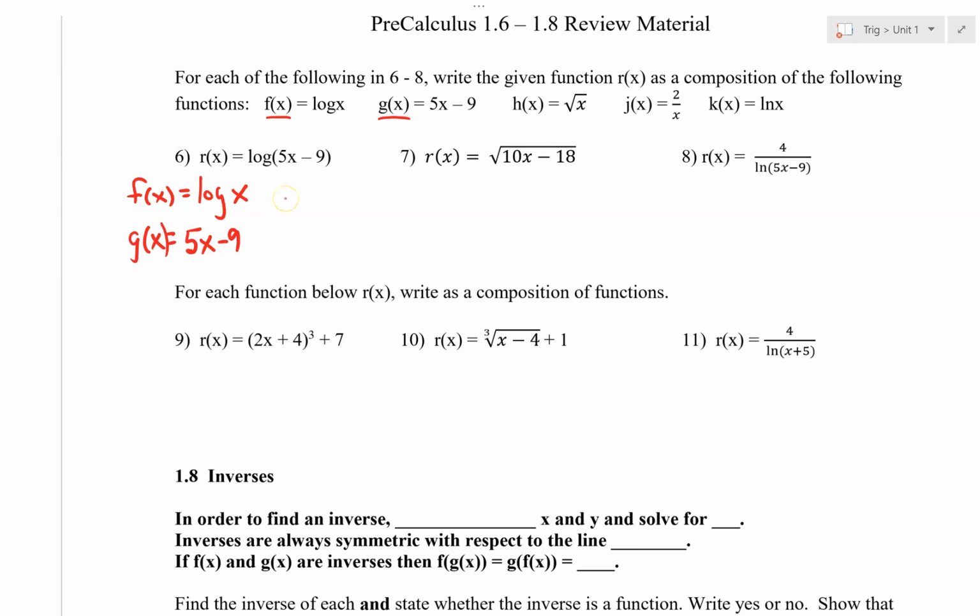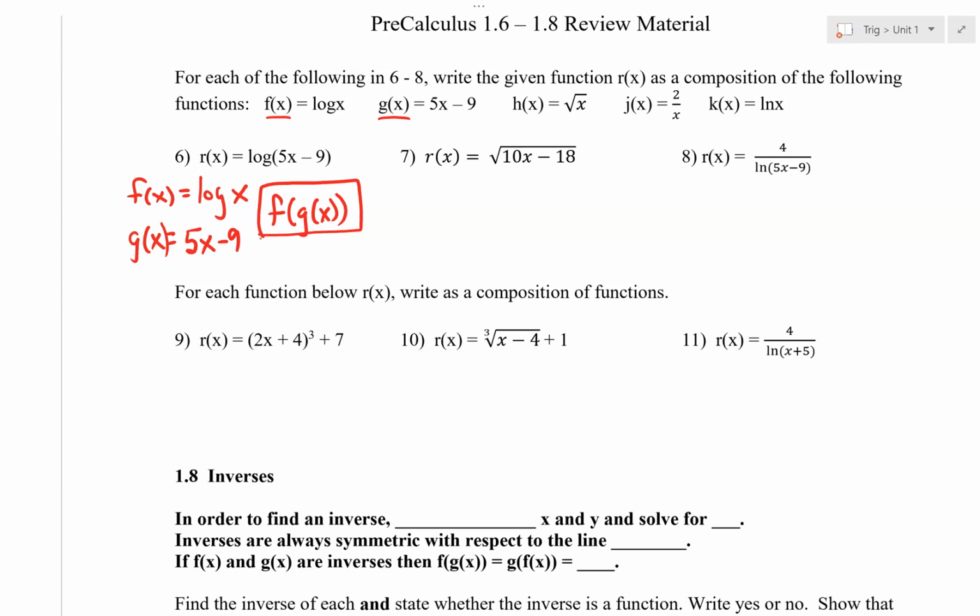So this one would be an f of g of x. So we would say f of g of x. This is how we would write this in terms of basically a composition of the two functions.